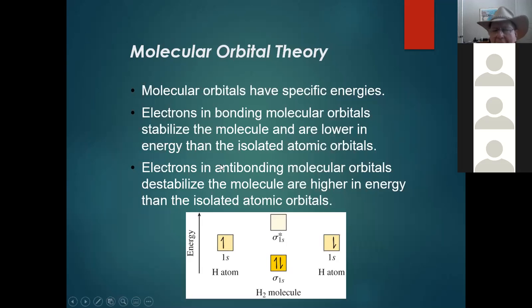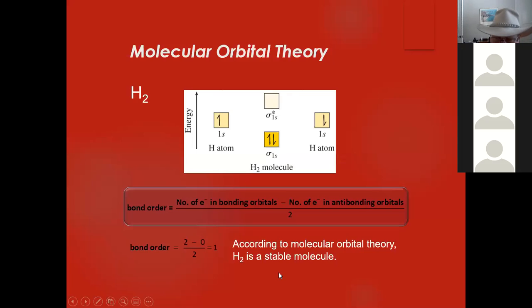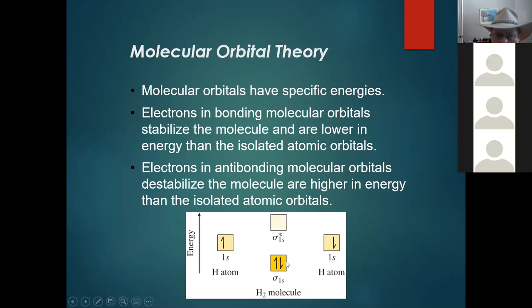So what I am doing with this is combining two atomic orbitals. From that, I am going to make two molecular orbitals. One is going to be a bonding orbital that's signified by a sigma 1s. That has less energy than the original atomic orbitals.